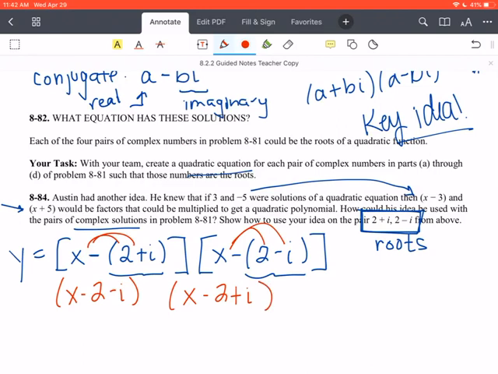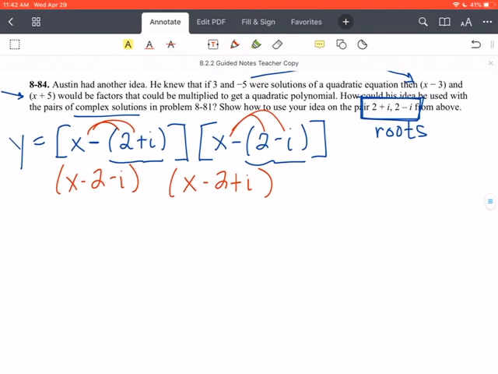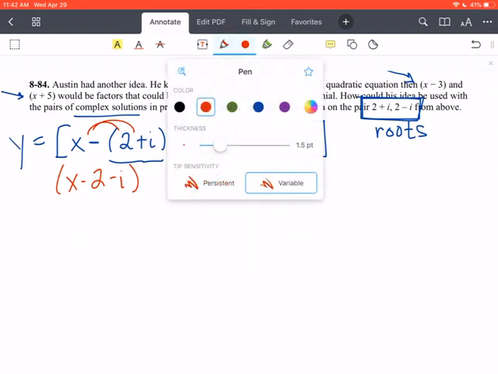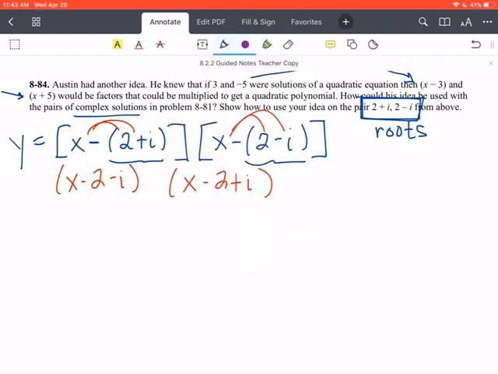Now what we need to do, this is the tedious part, yikes, is double distribute, I guess triple distribute, whatever you want to call it, because we have to take x times all three numbers. So we have x squared minus 2x plus xi.